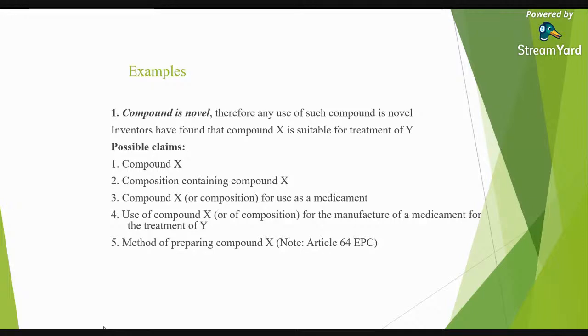So SCLC, small cell lung cancer, or method of preparing nitisinone. So that is the process claim. So these are a few examples. They've given some 5 or 6 situations. I will just show you the situations, and then we can stop there.